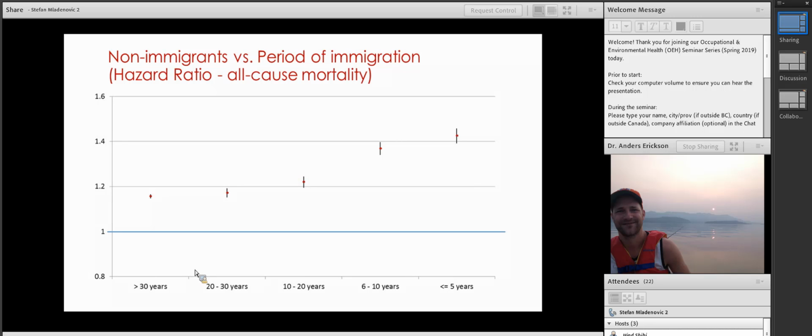And then looking at the period of immigration, this variable has one more group, which is greater than 30 years, those who immigrated prior to 1970, still having a lower mortality rate than the non-immigrants. And then as you get to more recent immigrants, that hazard ratio increases.